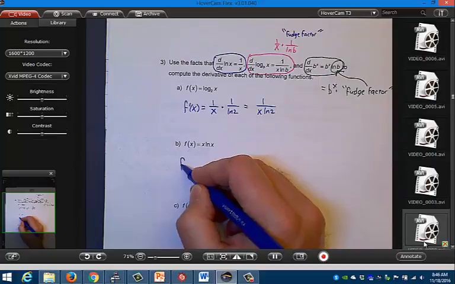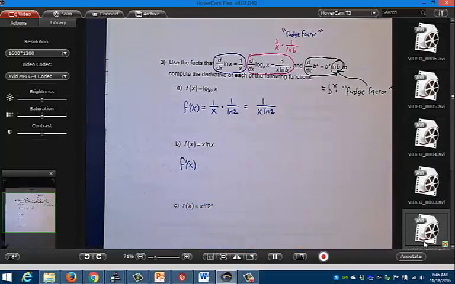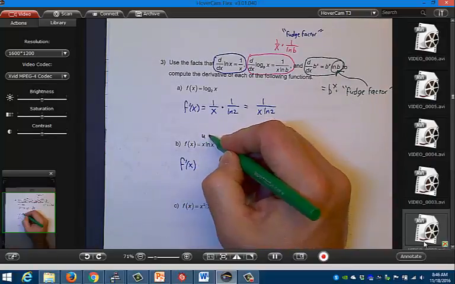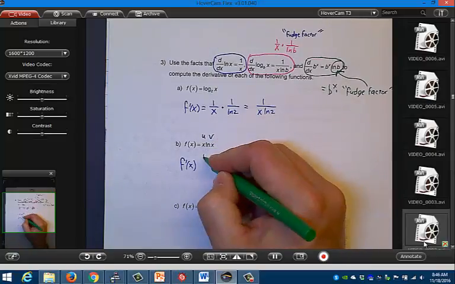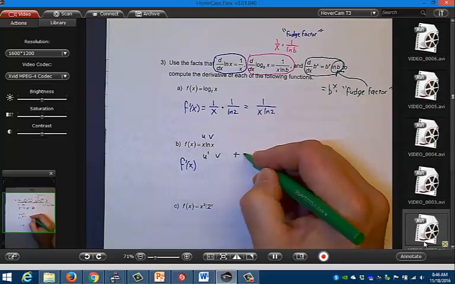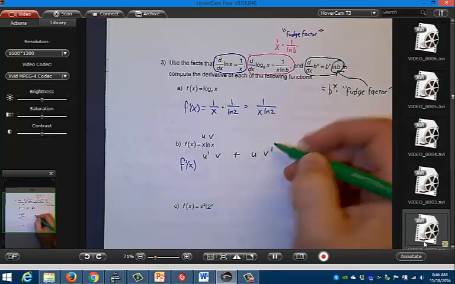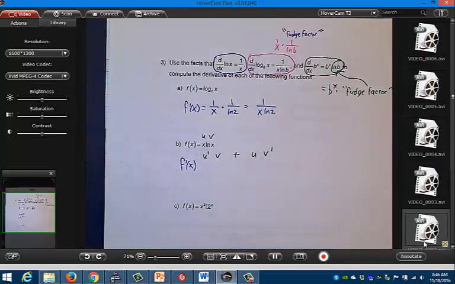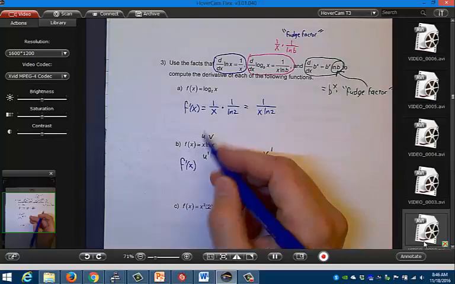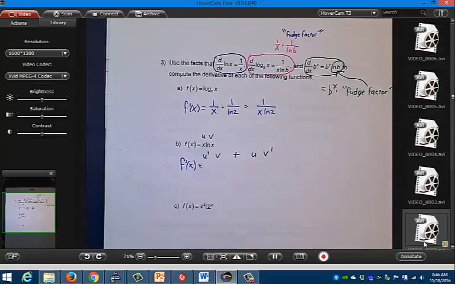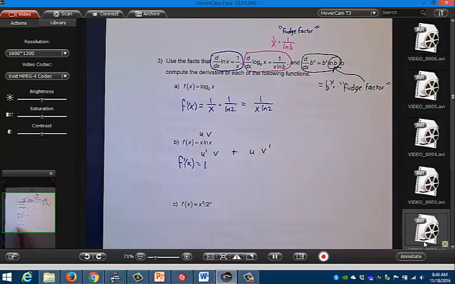So when I do f prime of x, once again, I need a product rule, right? This is my u and this is my v. So it's u prime v plus u v prime. Here we go. Where it says u prime, what are you going to write? 1. Where it says v, what do I want to write?